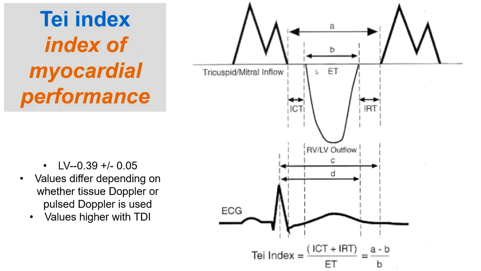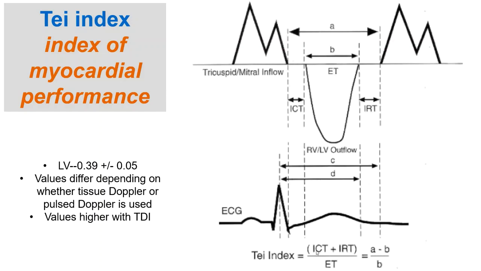A very weak ventricle would spend a long time in isovolumic contraction, generating pressure, and a long time relieving pressure in isovolumic relaxation, and would have a relatively short ejection time because the stroke volume is not very large.